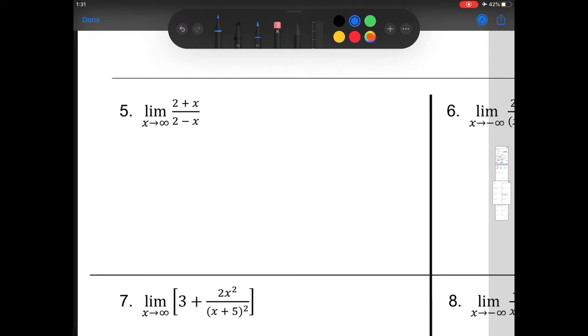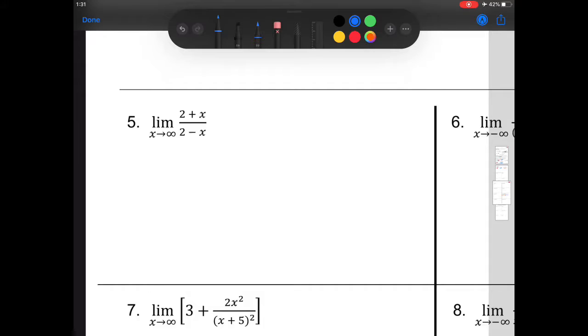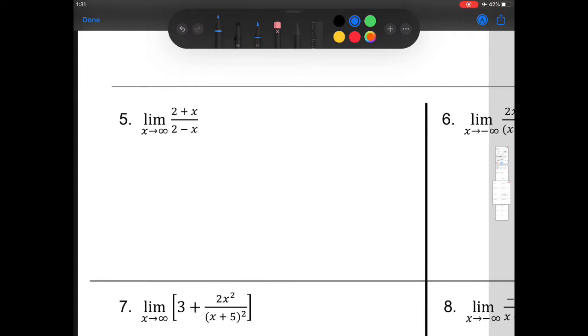I also wanted to do number 5 on the practice problem. It is on the 3rd page. Here the limit is as x approaches infinity of this rational expression. Okay, so whenever you work with rational expressions, I know we said to use the leading coefficients. Here many people get confused, thinking, oh my god, the 2's cancel out, it's 2 over 2 and it's 1.